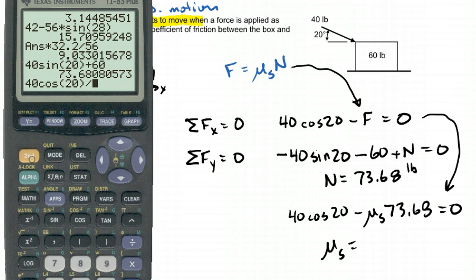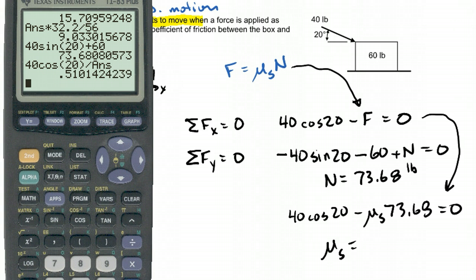So 0.51. Static coefficients of friction are unitless, because they just relate forces here. And so there's our final answer.